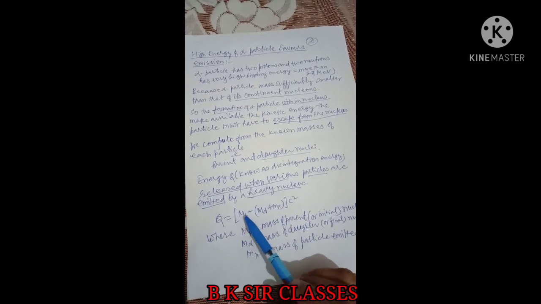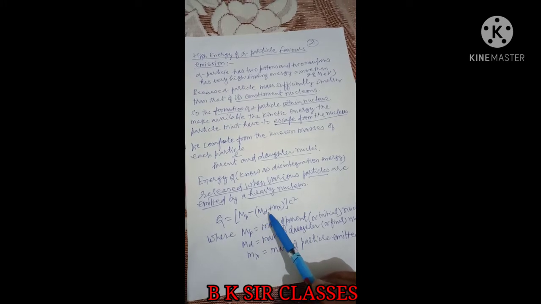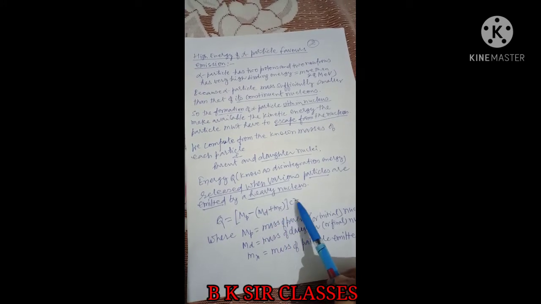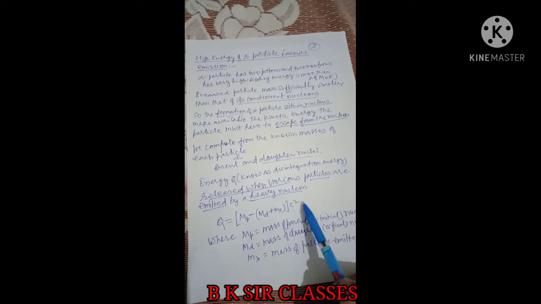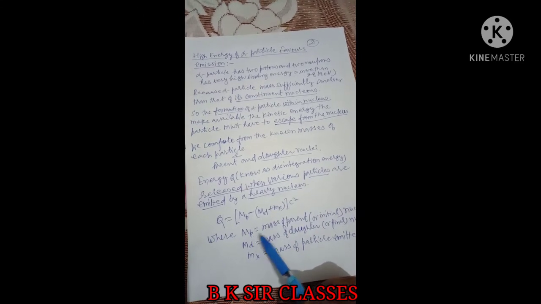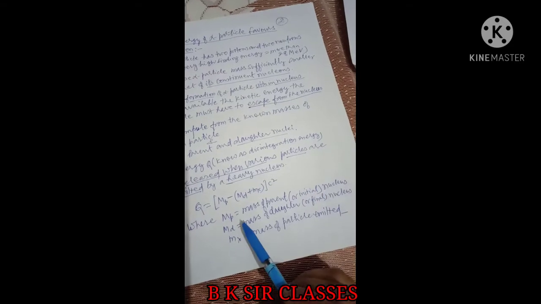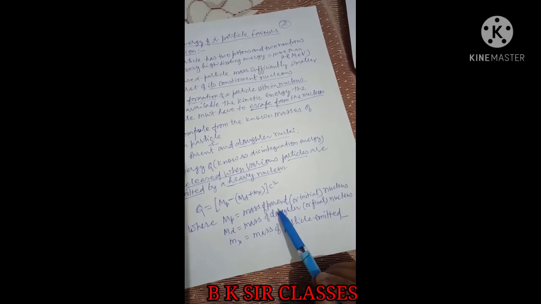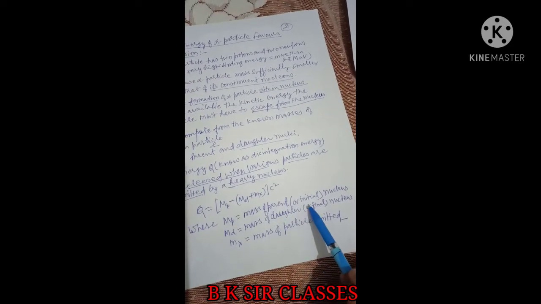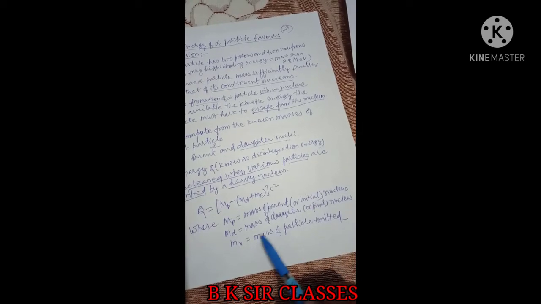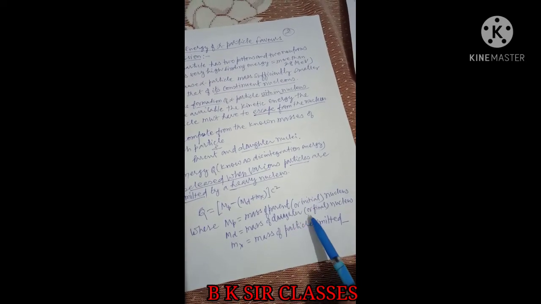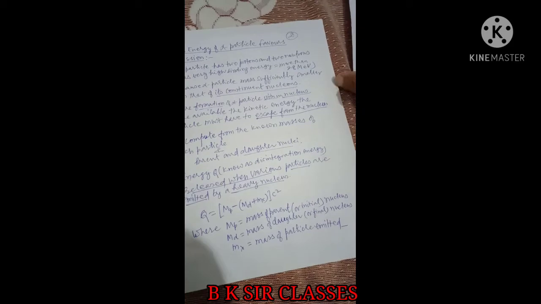Q can be written as (mp minus (md plus mx)) multiplied by c squared, where mp is the mass of the parent or initial nucleus, md is the mass of the daughter or final nucleus, and mx is the mass of the emitted particle.